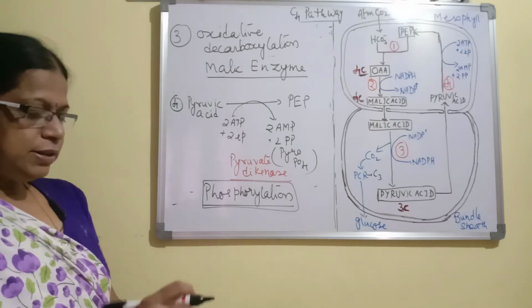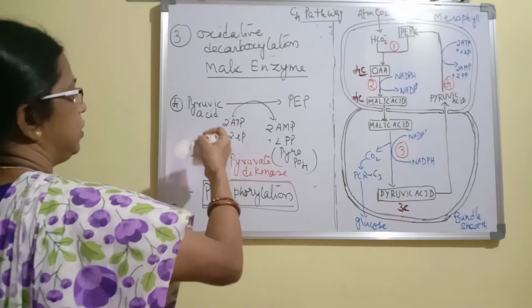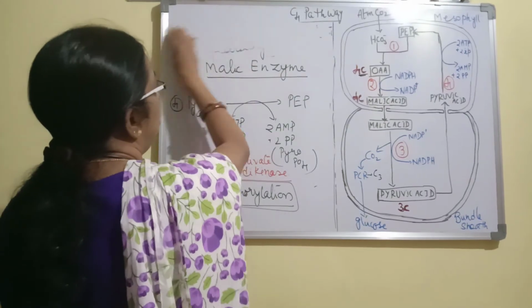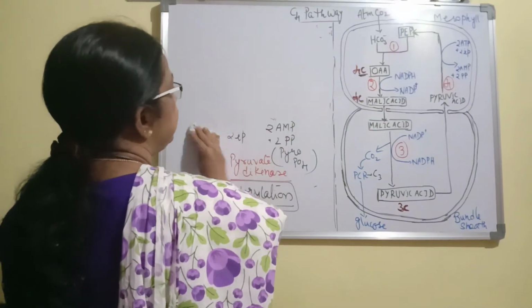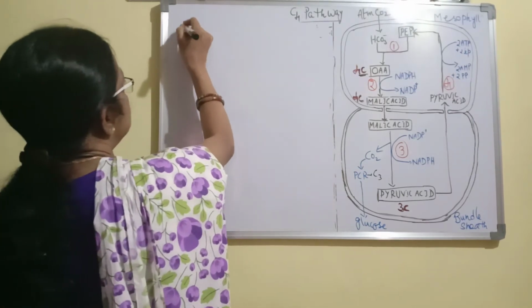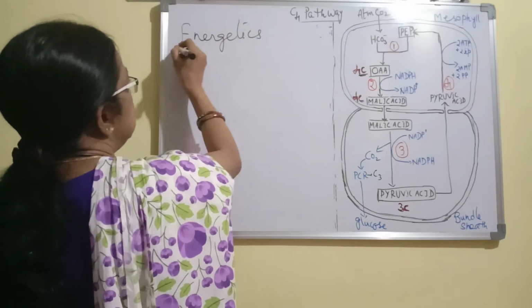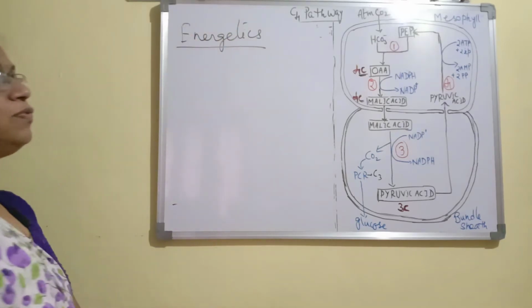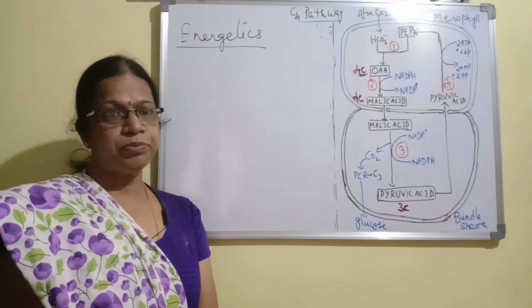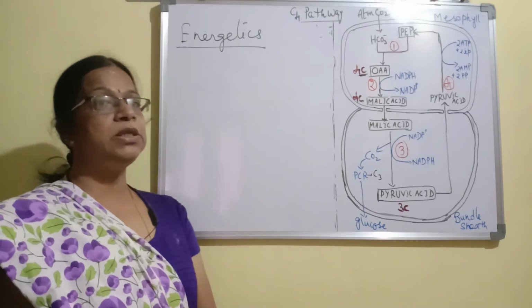Now let us see what is the energetics of C4 pathway. What is the requirement of energy here? How much ATP is required?